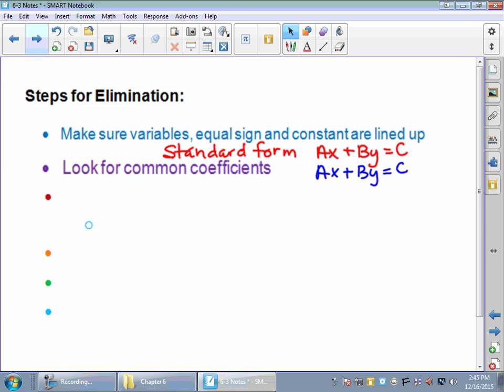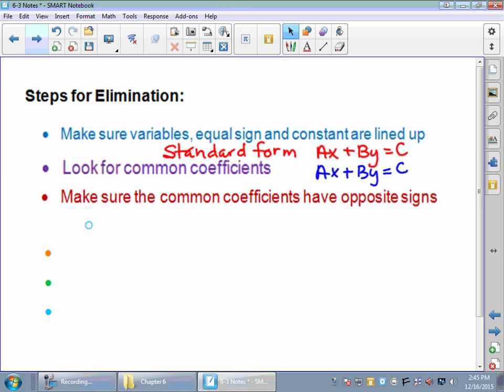It looks like one great big addition problem. You're going to look for common coefficients. So if you remember, the coefficient is the number in front of the variable. You're going to look for the variables that have like coefficients. So maybe a 2x and another 2x, or a 3y and a 3y. The sign may be different, and that's okay. Just look for the number part to match.